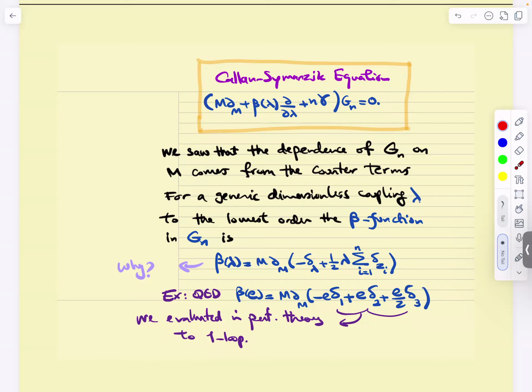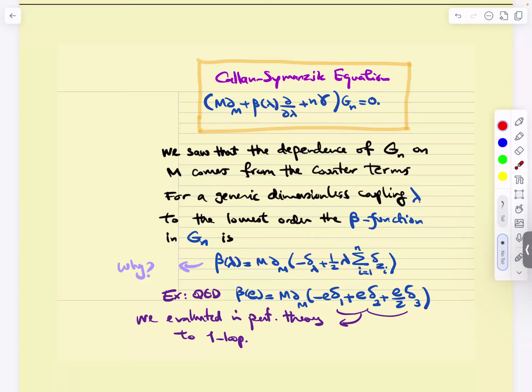We saw that the beta functions, we could explicitly solve for them at one loop, and it took the following form. Beta of lambda became M ∂/∂M of minus the counter term for the corresponding coupling plus half lambda sum over ∂ z_i's, right?